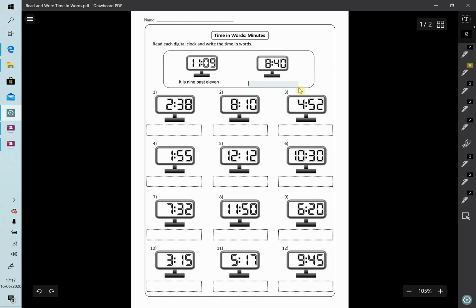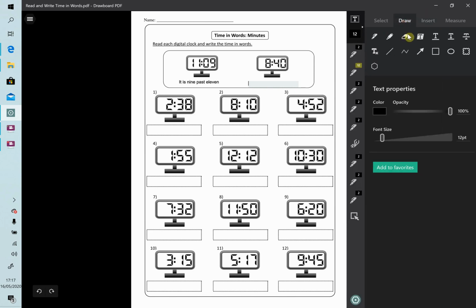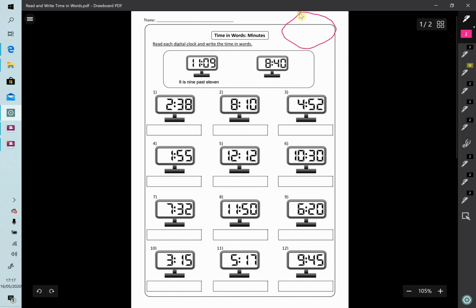So we have to think about our clock, we have to imagine our clock mentally, and we know that until the next o'clock, which will be 9 o'clock, so if I have to draw it, guys, we have a clock over here, my lovely clock, and we have the quarter to, the half past, so we are on the 40, all right, because this is 30, this is 35, 40.